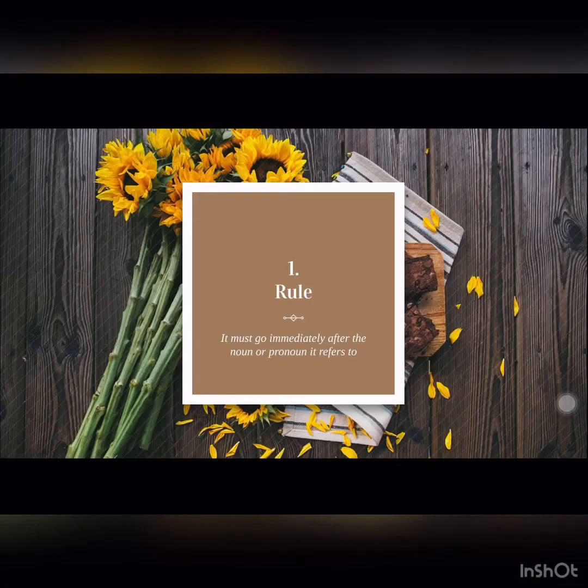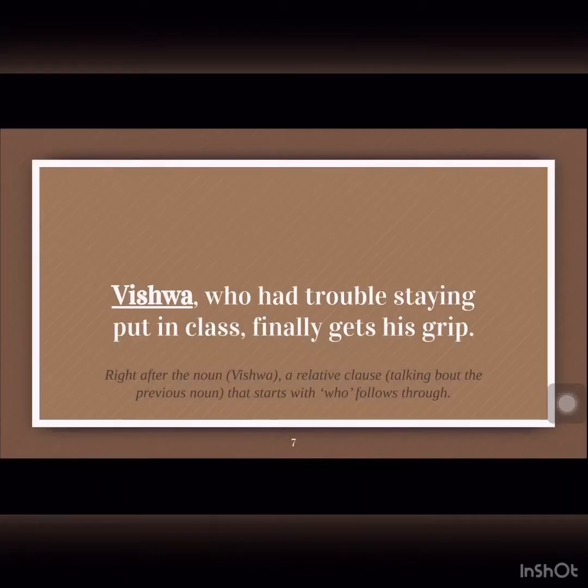Number one rule of having a relative clause: it must go immediately after the noun or pronoun it refers to. If you have a pronoun or a noun and then you want to make a relative clause, it must go right after it. For example, Vishwa is a noun, right?